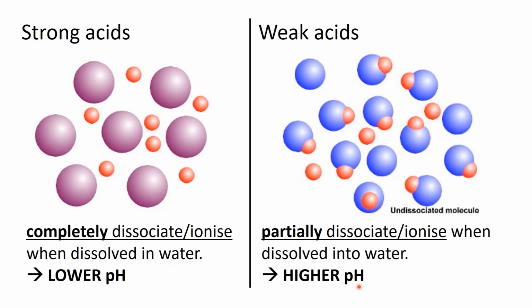That results in a much, much higher pH compared to strong acids, as we've now seen from both our experiment in the laboratory, our demonstration, and the animation I've shown you previously. Please can we make sure that that is written down nice and neatly in your exercise book.